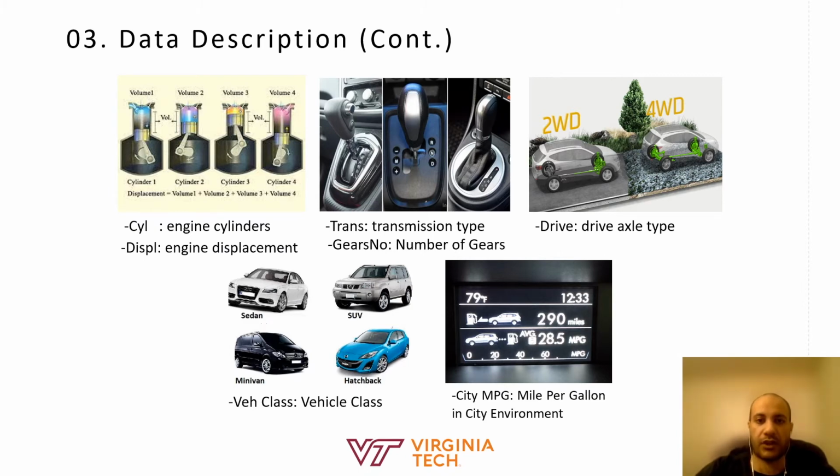In the first picture here, we have a conceptual presentation of an engine. Consider this an engine with 4 cylinders. Each volume here is a cylinder, and the engine usually has 4 of these. The cylinders variable means the number of cylinders the engine has, and the displacement, the engine displacement, is the sum of all volumes of these chambers or cylinders.